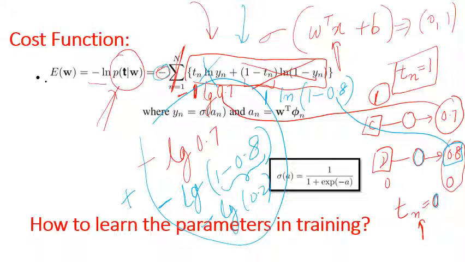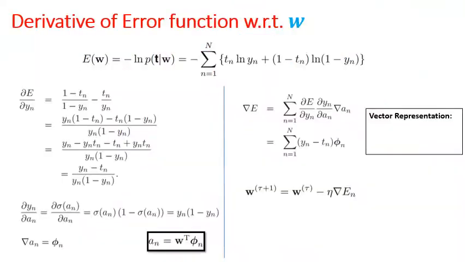Now once I calculate the total error for my prediction, I will take the derivative of this error function. As we know, what we need to do is apply gradient descent over this cost function, right? So this is my cost function, and I want to take a derivative of this cost function.